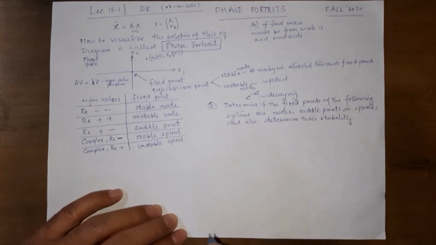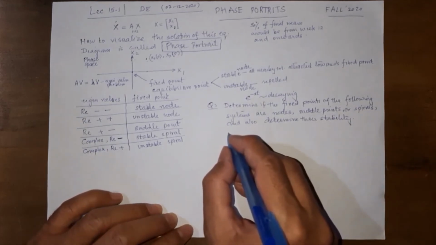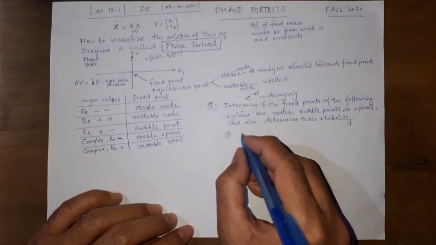What you will be given would be a system of two linear ordinary differential equations in two variables, x1 and x2.